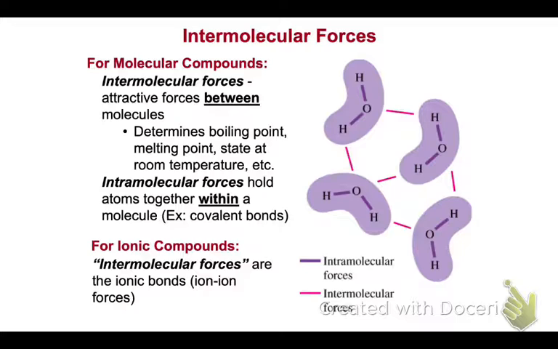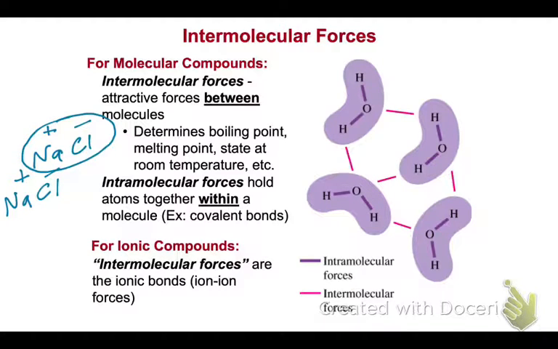Let me show you in a small picture. This is sodium chloride, right? It's a cation next to an anion. And if I have another sodium chloride, it will rearrange itself in that way. Now if I am looking at the formula and trying to see what attracts them to each other, we're going to say, okay, it is the positive charge next to a negative charge, so this is ionic attraction.